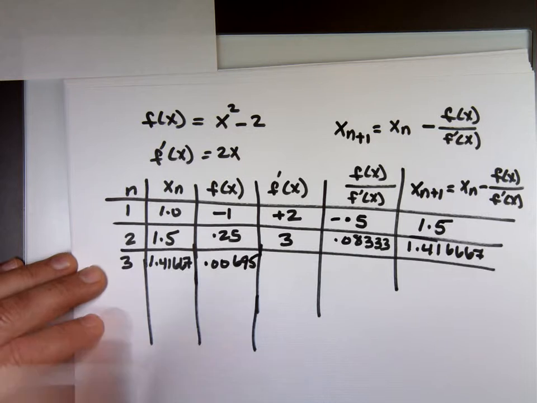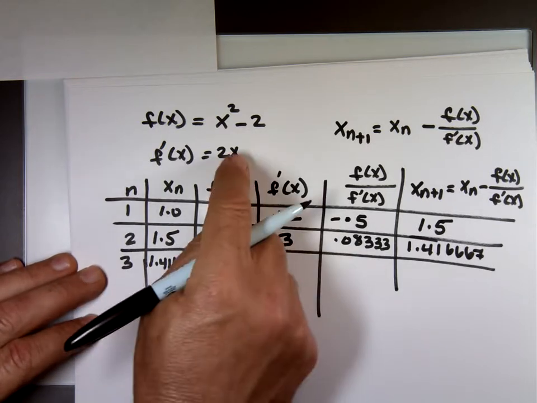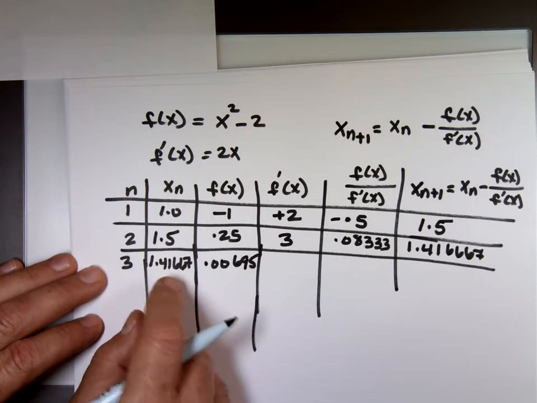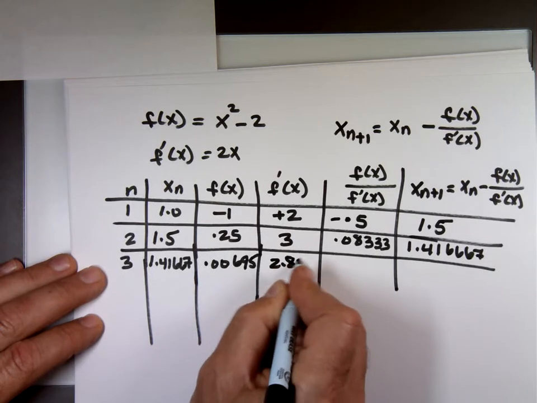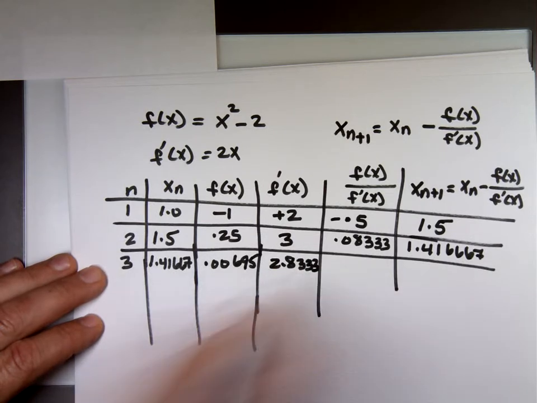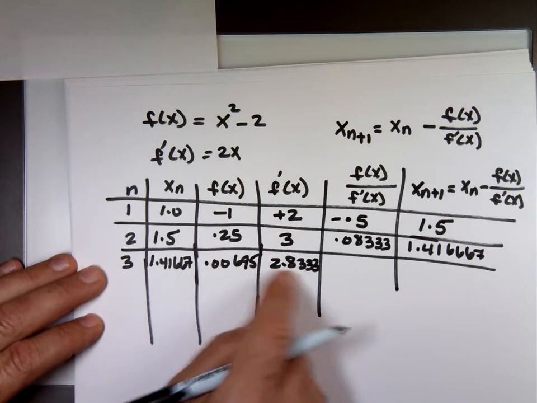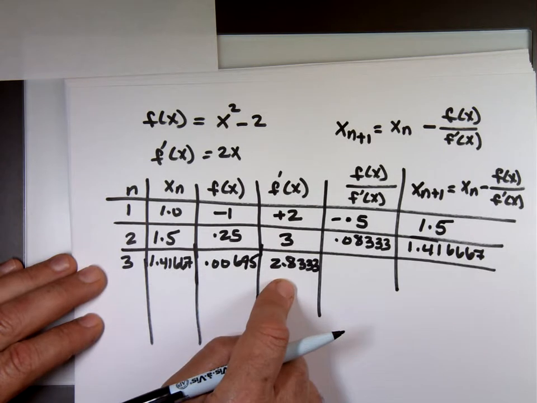Close, but I want to get closer. What's the derivative? 2 times that number. 2.8, right? 2.83333. Divide this by that. What are we going to have?